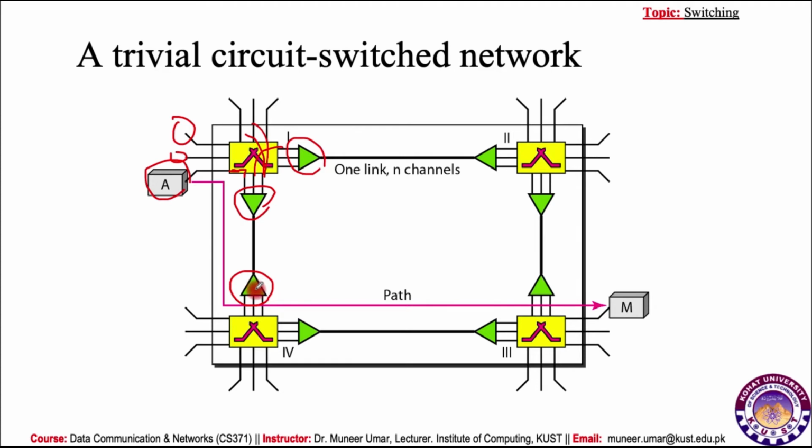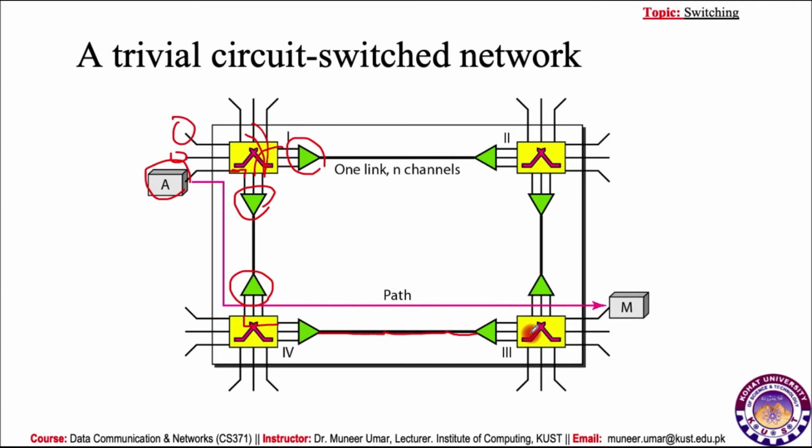Here this would be demultiplexed, and again this switch will forward the connection of A to another multiplexer, where it would be further multiplexed, and through this path it would reach the last switch after demultiplexing, and ultimately A will reach M by having three intermediate switches and multiplexed paths among these switches.